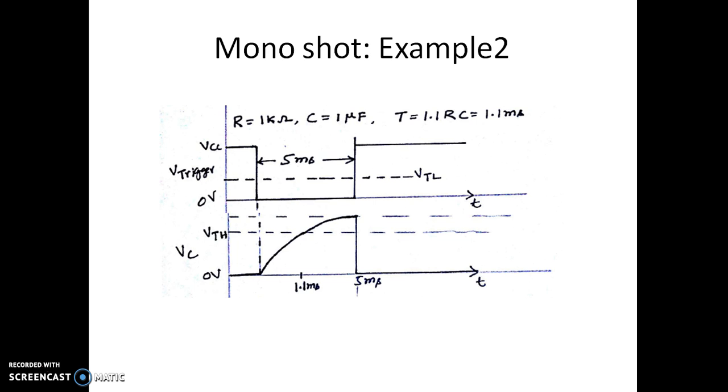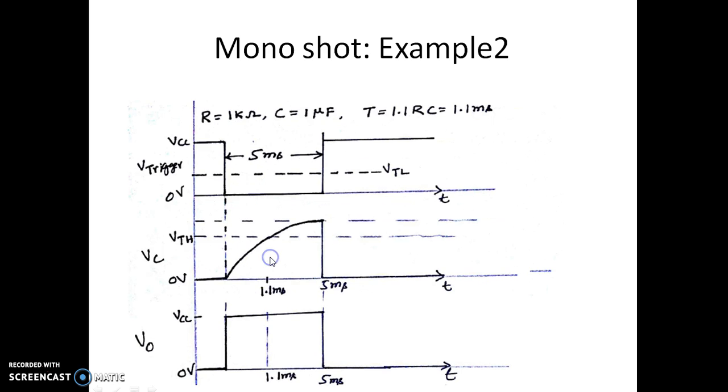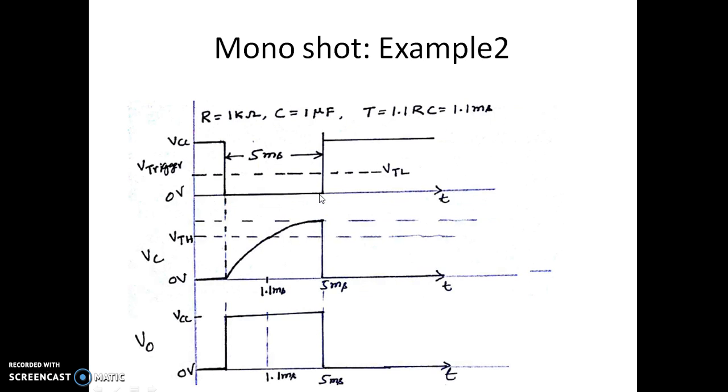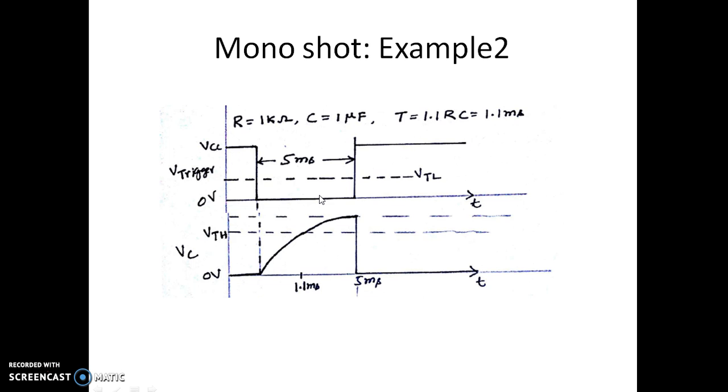Now see here, the capacitor voltage will start charging towards VCC. I can see it is going towards VCC here, and now it has crossed VTH. It is still charging because the capacitor is allowed to charge even beyond VTH, since the input trigger signal is still 0.